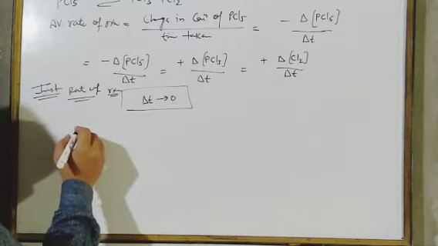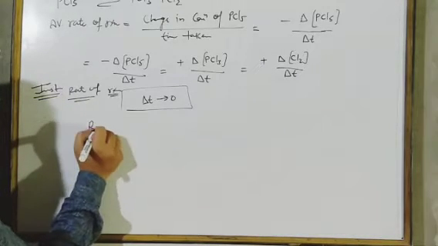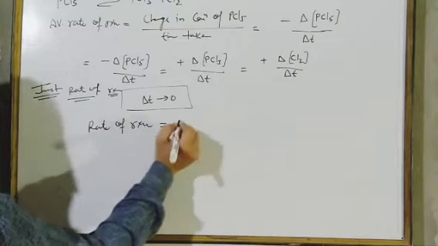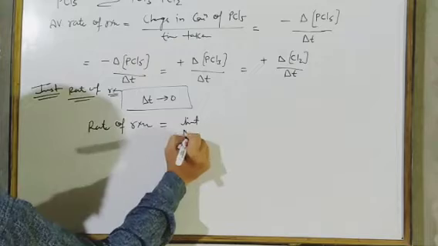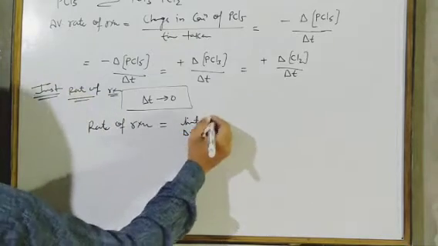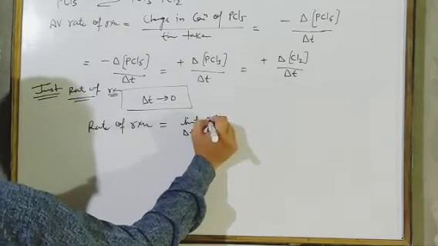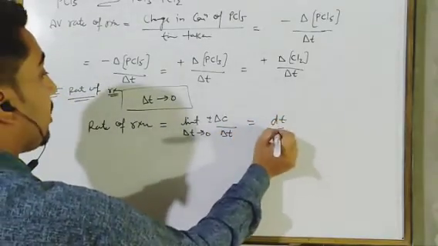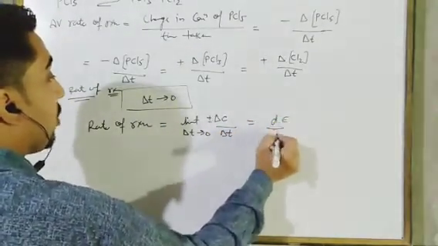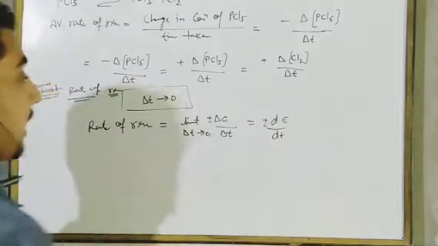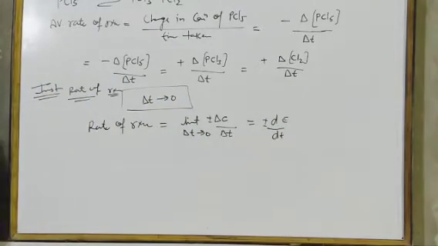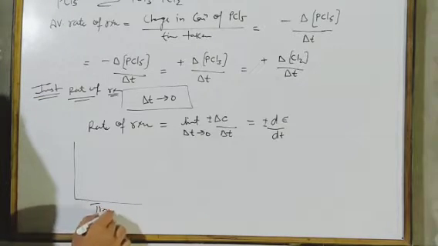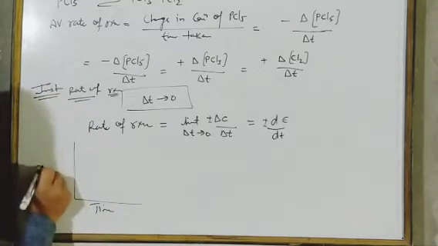So we can write rate of reaction equal to the limit delta T tends to 0 of delta C upon delta T. It means dC over dt with plus minus. Clear? And instantaneous rate of reaction can be represented by the slope.